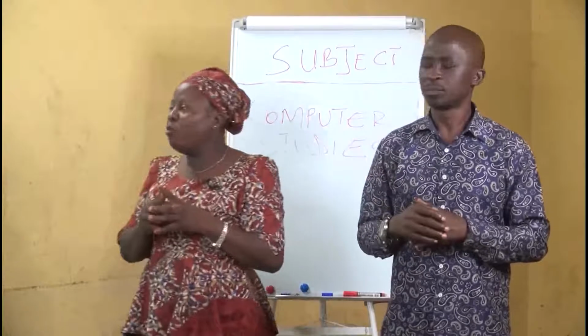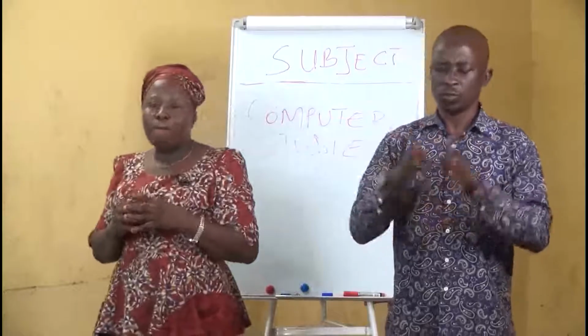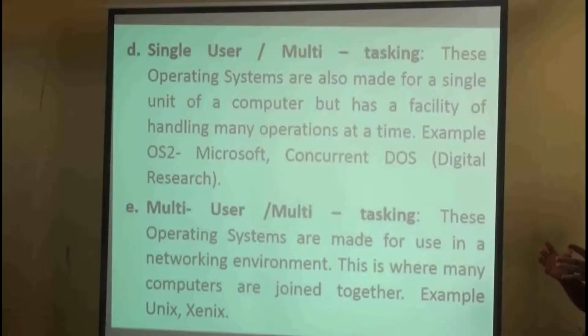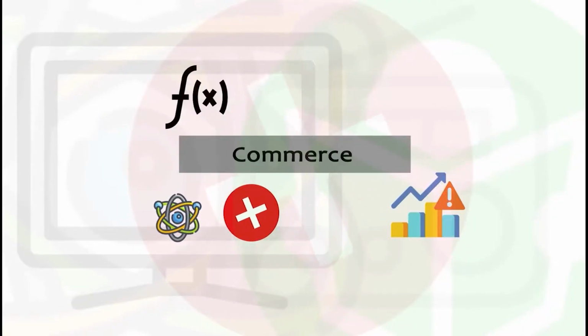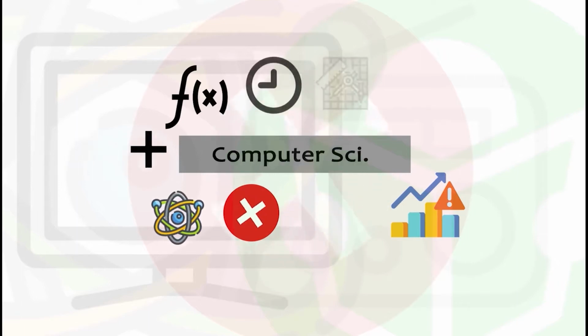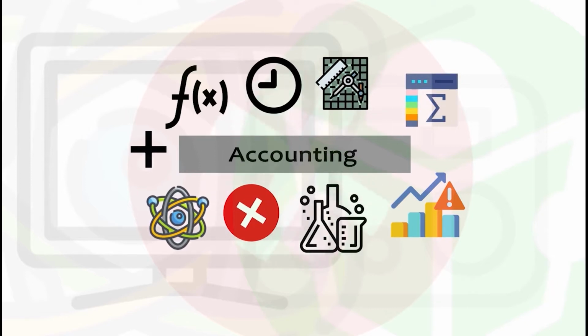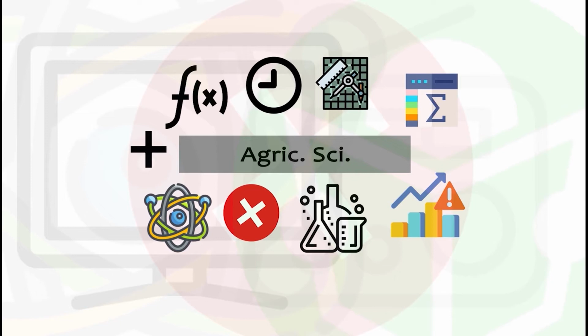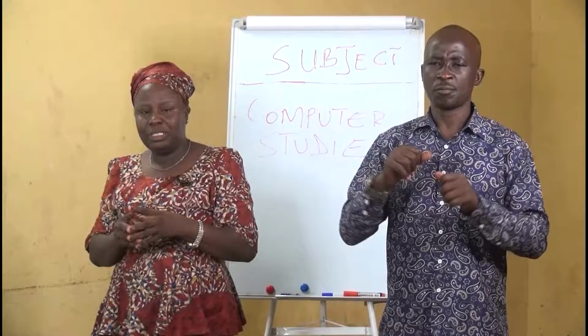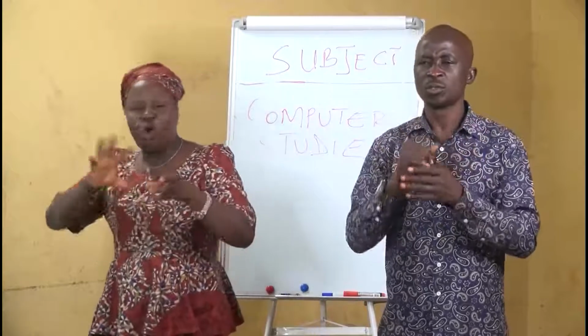Now let's go to another type of operating system. This is multi-user or multitasking. These operating systems are made for use in a network environment, where many computers are joined together.